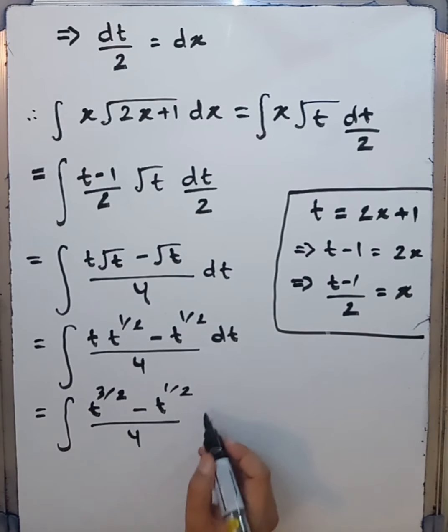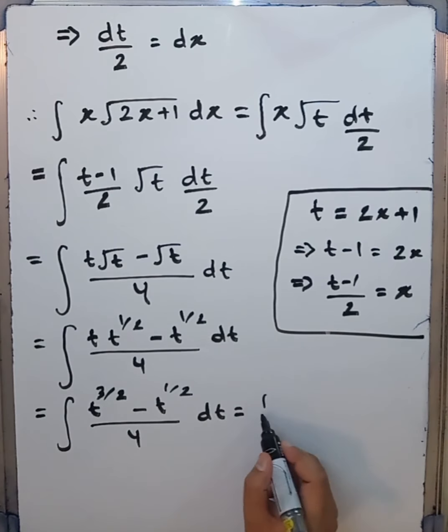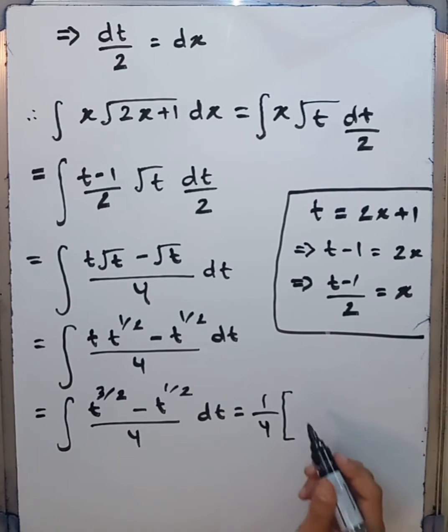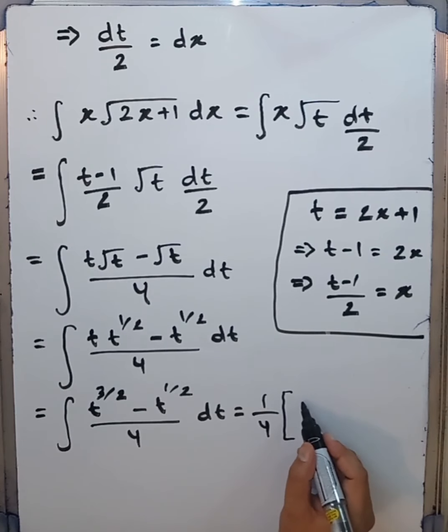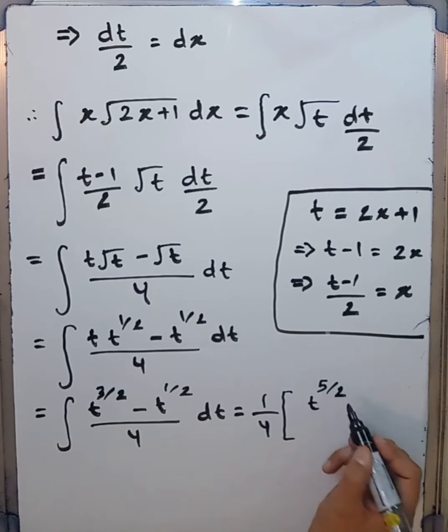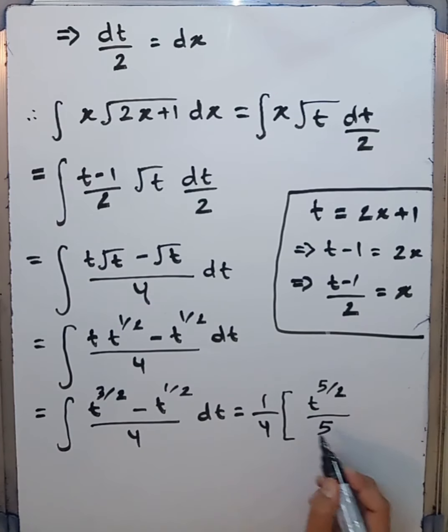divided by 4 dt. And now using the formula which we have already discussed, integral of x power n dx is equal to x power n plus 1 over n plus 1. Using that formula we get 1 by 4, this 4 we can keep it outside the bracket, and t power 3 by 2 gives us t power 5 by 2 divided by 5 by 2.